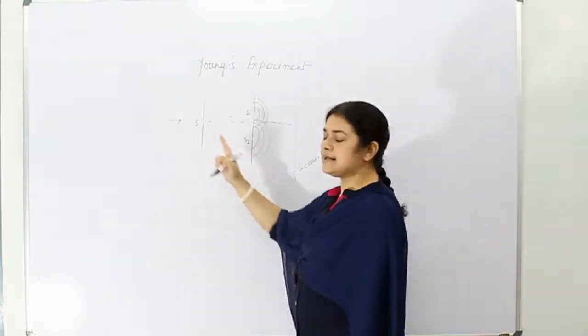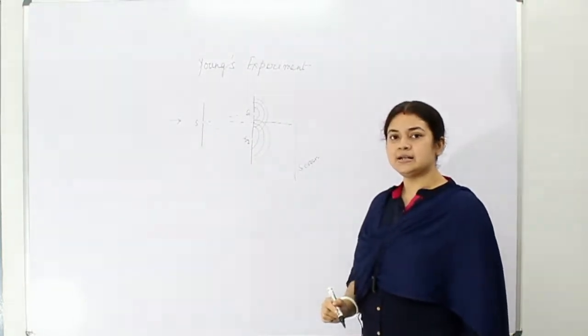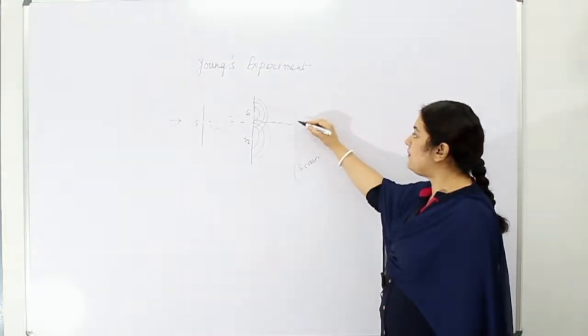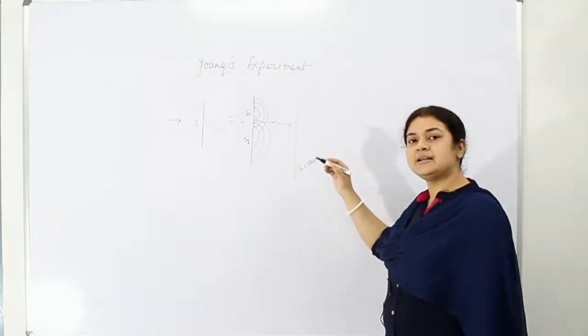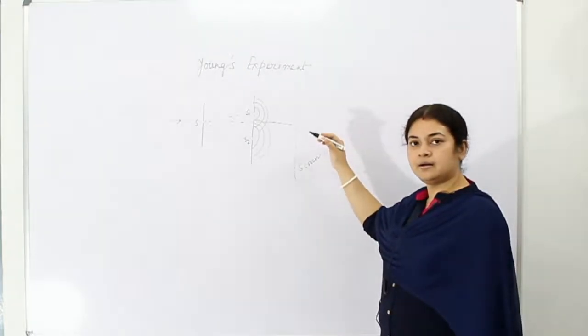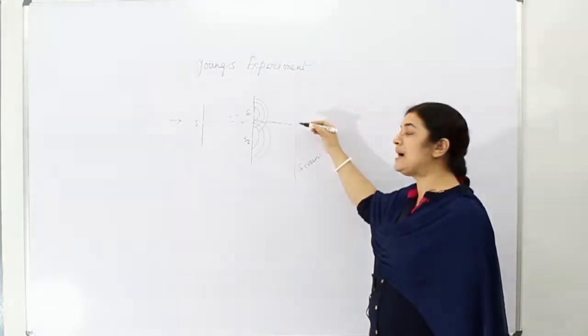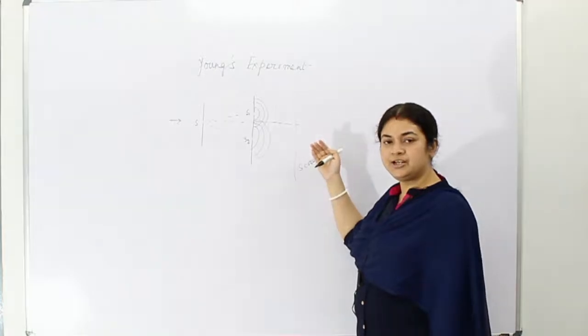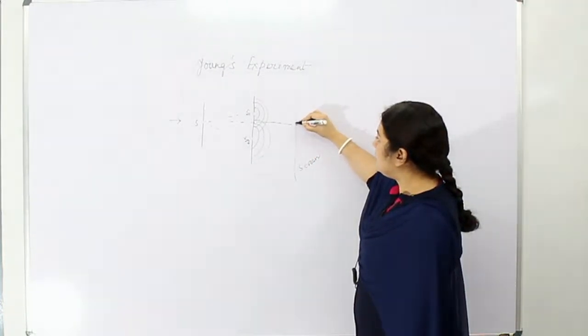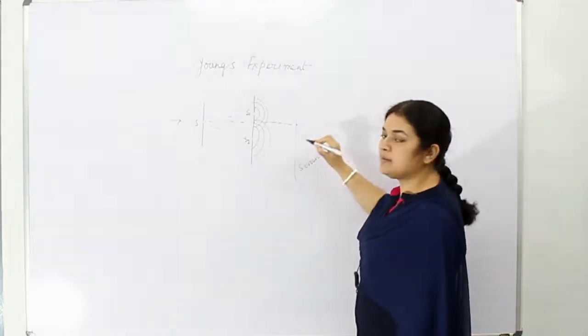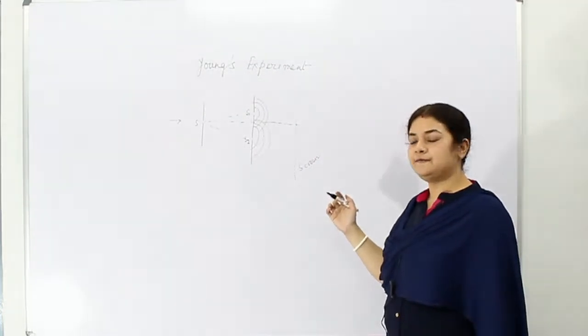For Young's experiment he used sunlight, so along with the variation of intensity, he observed some colored fringes on both sides of the center.